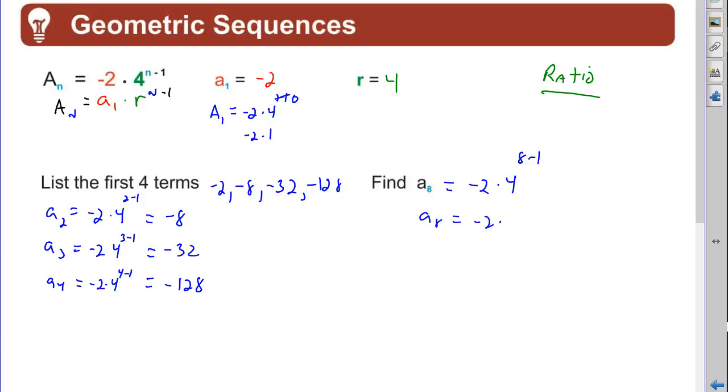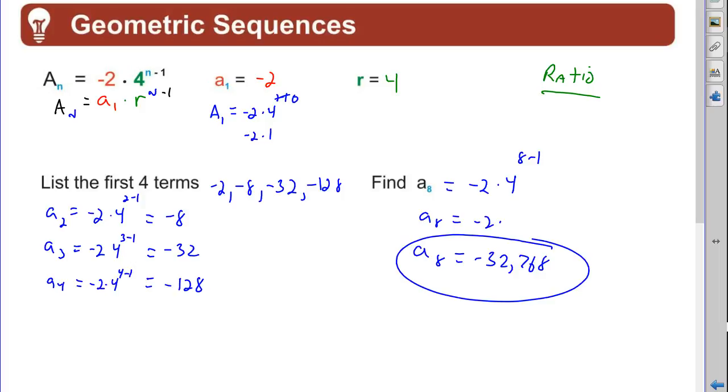Big number, 4 to the 7th power. 16,384 times negative 2 is negative 32,768. And that is the 8th term of this geometric sequence.